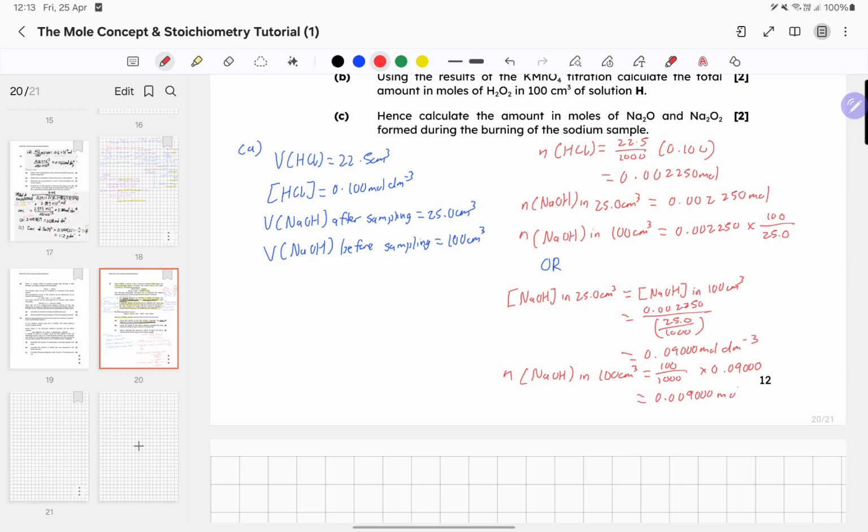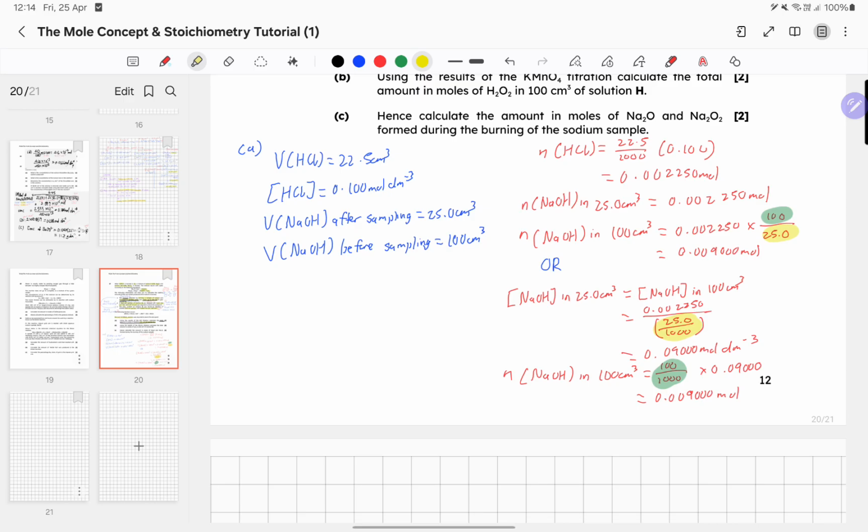Okay, so this one is also 0.009000 moles. So essentially both methods, you realize that you're dividing by 25 cm cube, and then you multiply by 100 later on. So essentially both methods are the same.